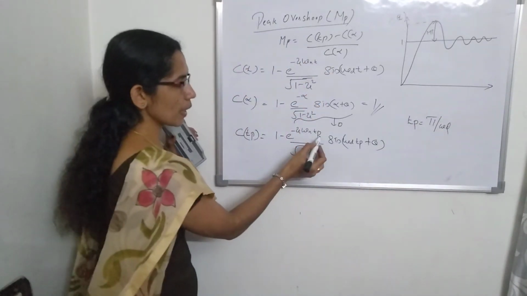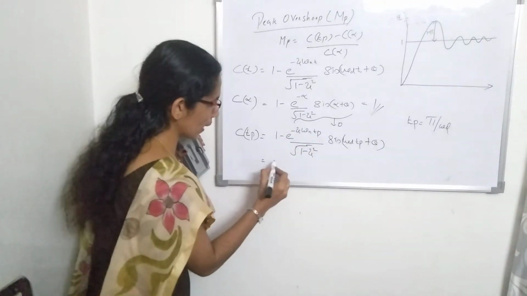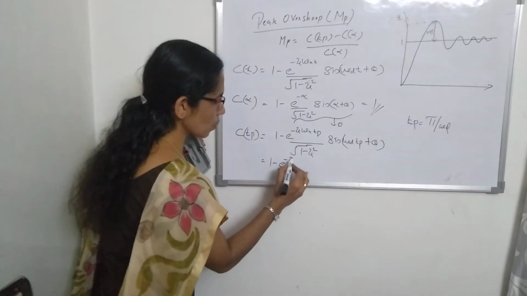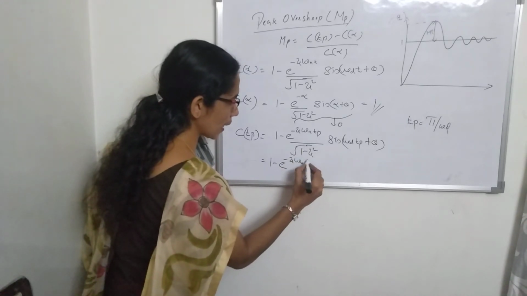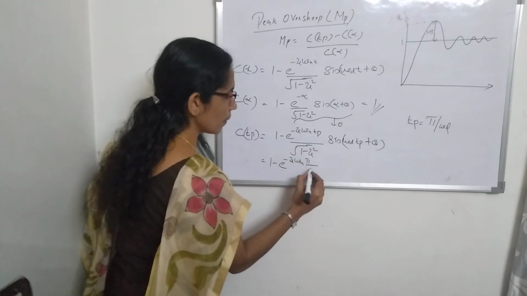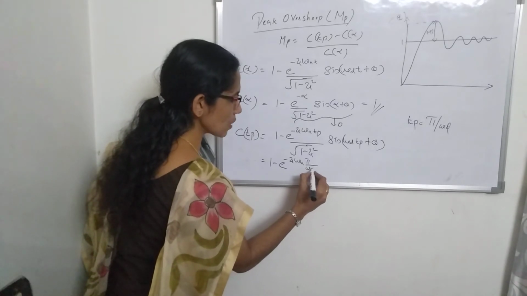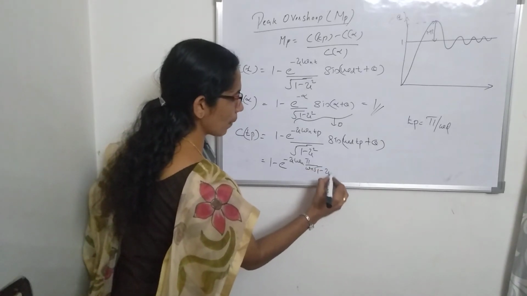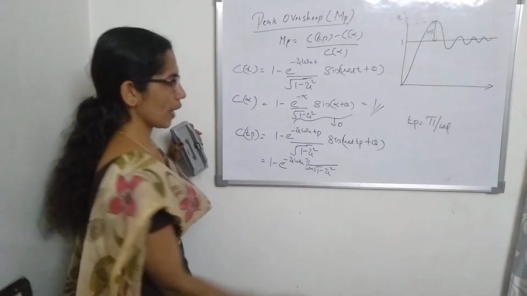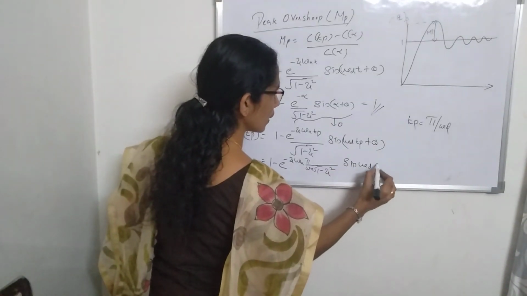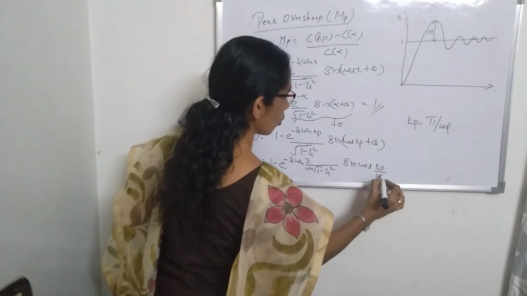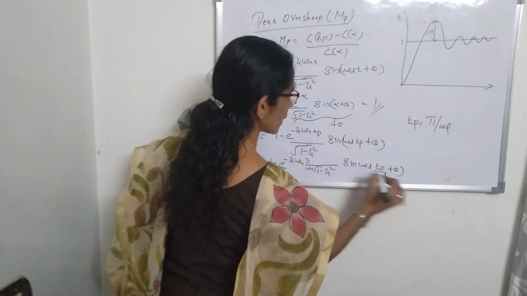So substitute Tp equal to pi by omega d, where omega d can be written as omega n into root 1 minus theta square.